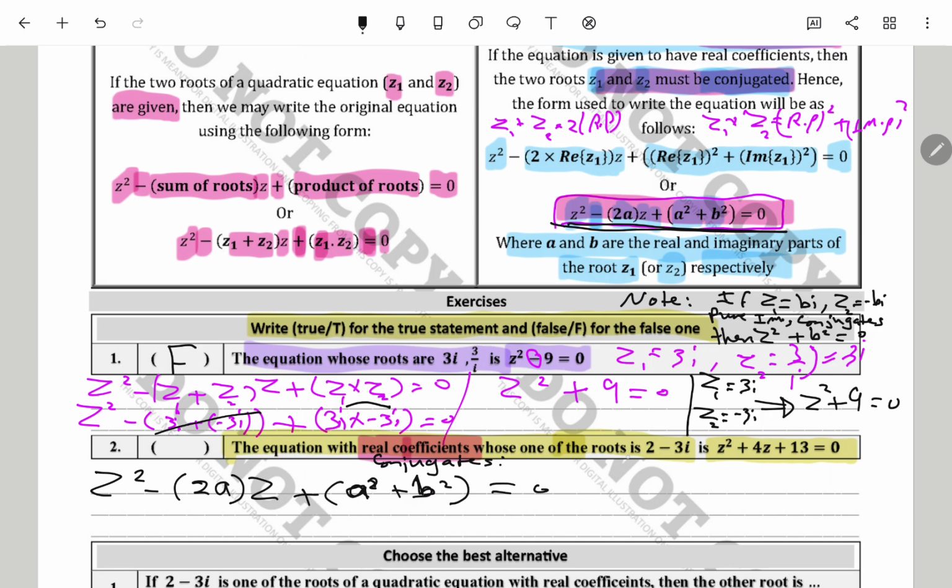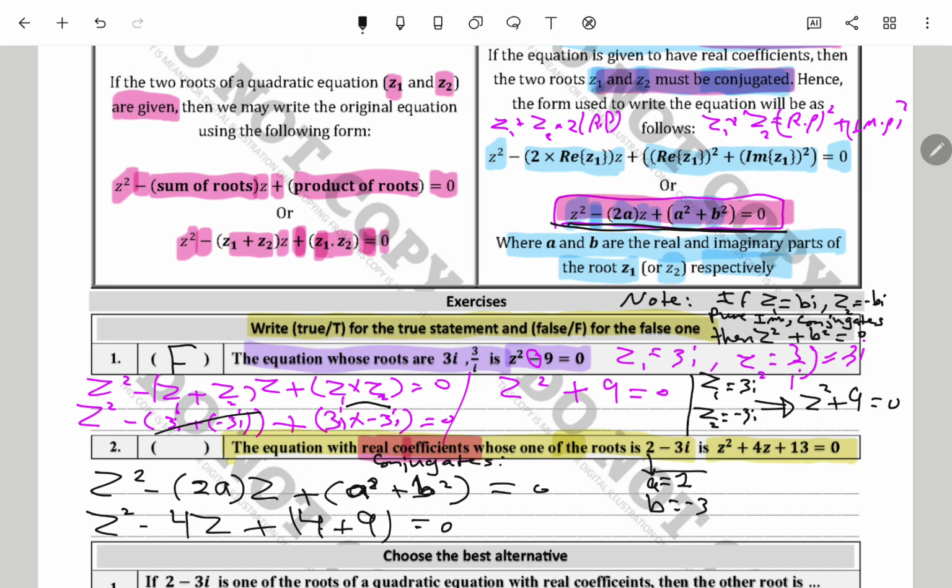In the given root, we can see that a is going to be 2 and b is going to be negative 3. Let's use it. z squared minus 2 times 2, which is 4z, and here plus a squared, which is 2 squared, which is 4, plus b squared means 9. Add them together, you will get 13.